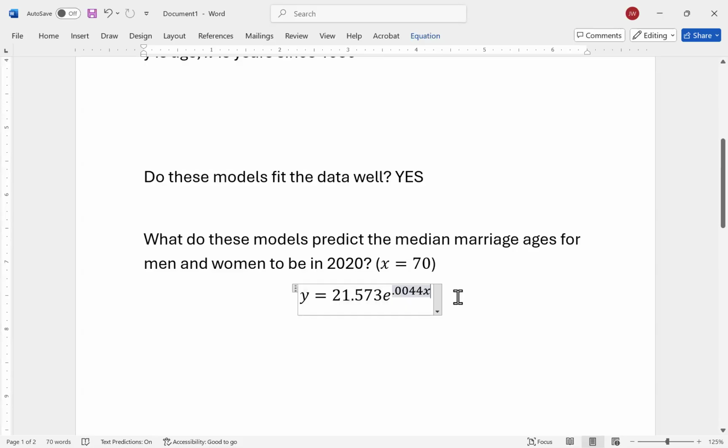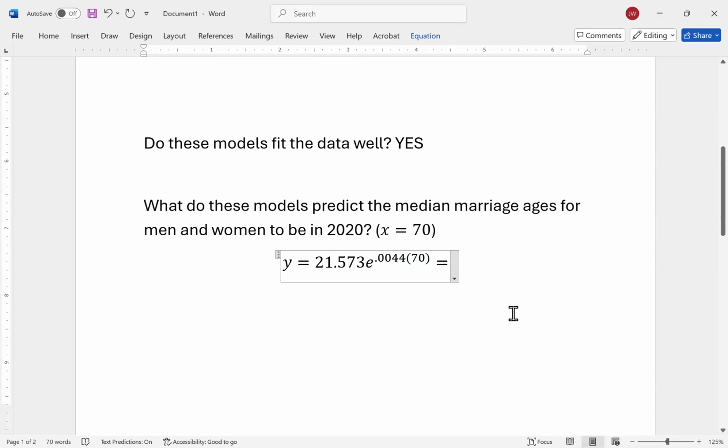So the men's median age is going to be 21.573 times e to the 0.0044 times 70. And we just type that into our calculator and get the answer, which in this case is about 29.35.